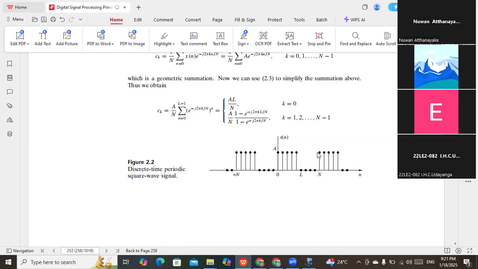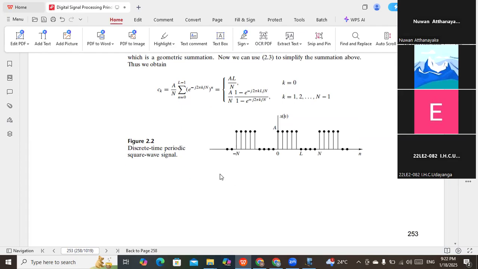This sample is repeating here at N plus 1. So what is the period? You need to count from here to here, 1, 2, like this. Up to this it will be N, because this sample is N plus 1. So your period will be N.